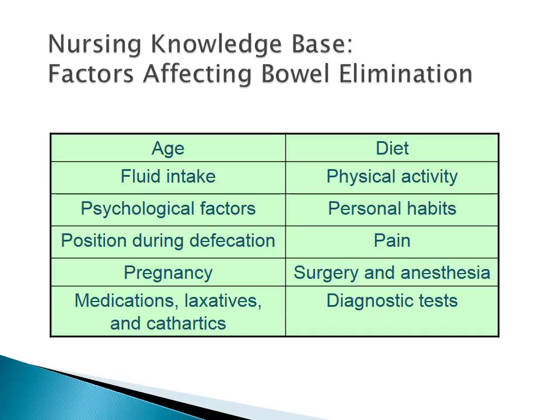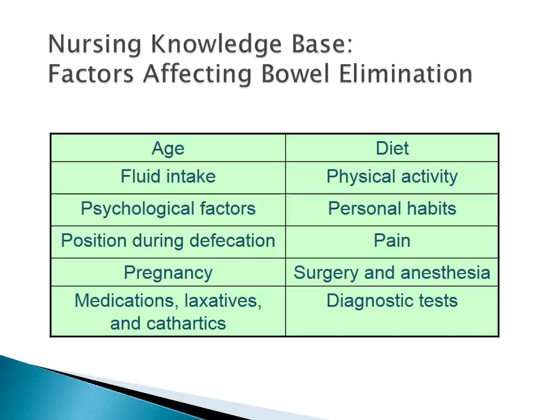Now, as far as medications and laxatives, it's very important to educate our patients not to overdo it, because when they take too much, their body becomes used to laxatives, and they won't be able to go normally because these medications affect bowel functioning. So it's important that they don't overuse laxatives.